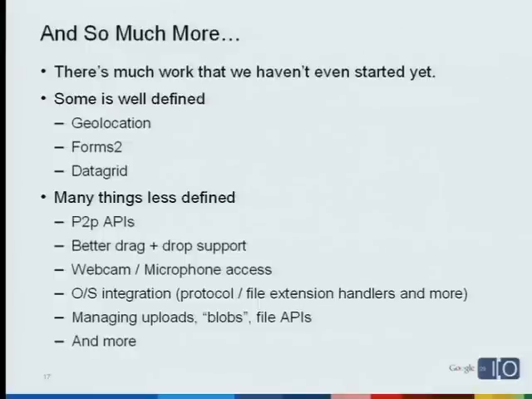Webcam and microphone, as I mentioned the Google Talk video conferencing example. There are lots of apps people use today for doing video conferencing on the web. None of them are really web apps, right? So they may have a web interface of some sort or a control panel, but doing the heavy lifting of accessing the webcam, accessing the microphone, running the compressors is always stuff that people have to do either in native applications or in plugins.